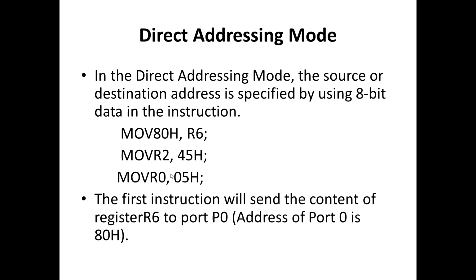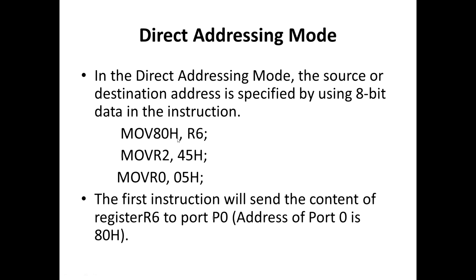Next one is direct addressing mode. In the direct addressing mode, the source and the destination address is specified by using 8-bit data in the instruction. Here in the below example, you can see MOV 80H, R6; MOV R2, 45H; MOV R0, 05H.